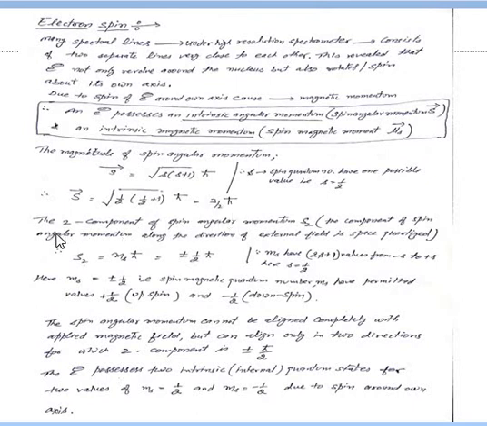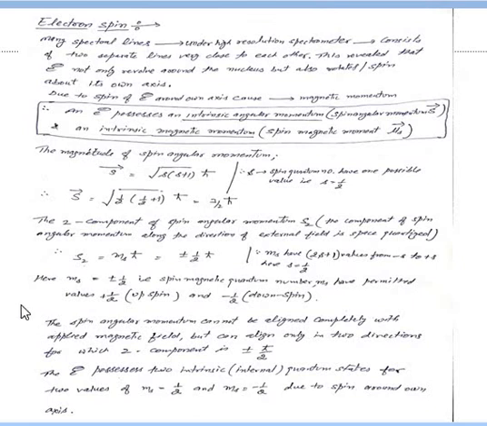So let's take the z component of the spin angular momentum, and we will designate it as capital S z, a vector quantity. This is the component of the spin angular momentum along the direction of the external field in space, and this is a quantized quantity, a fixed value.